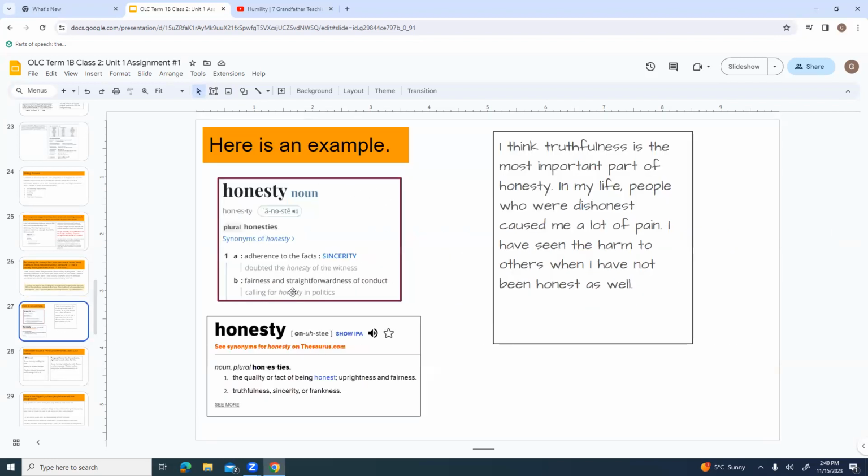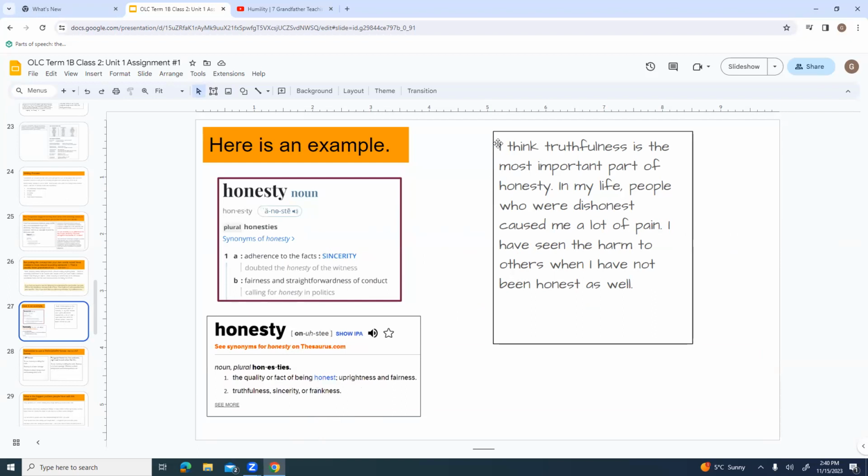So here's an example. Here's the first one we looked at. Here's a different dictionary definition. Here they've got the quality or fact of being honest, uprightness or fairness. And down here they've got truthfulness, sincerity, or frankness.